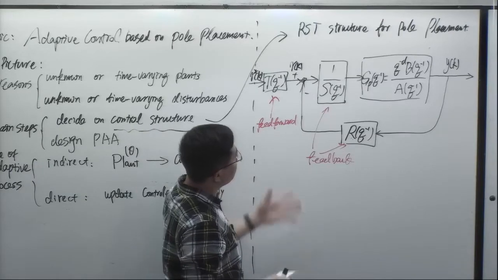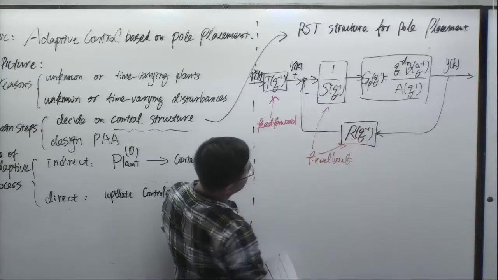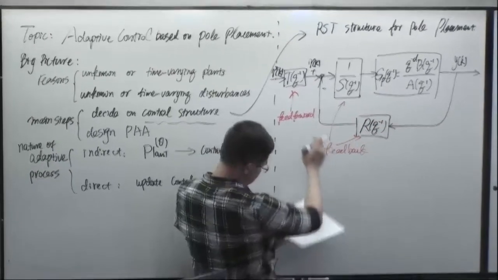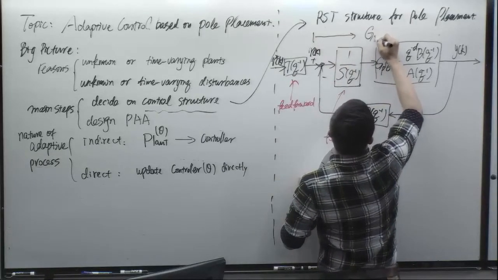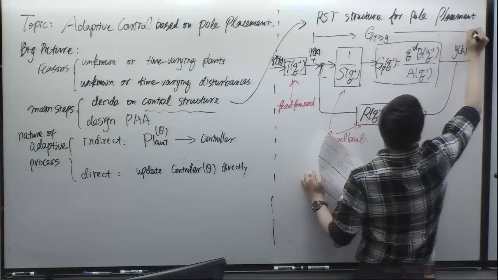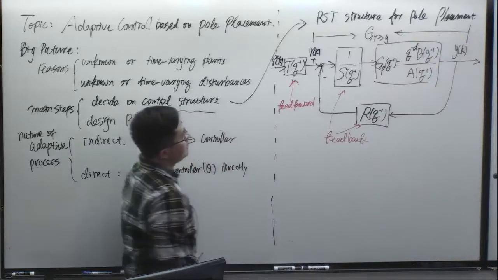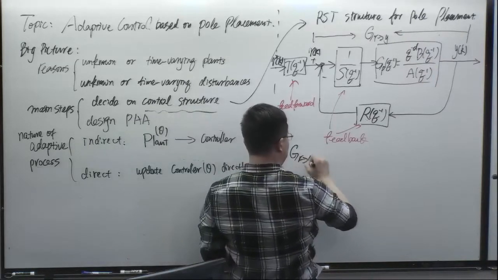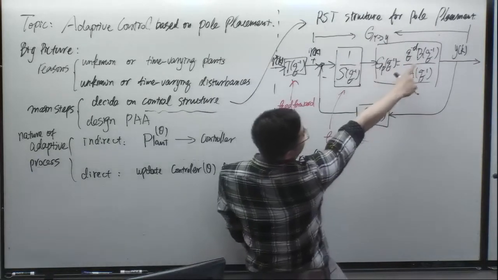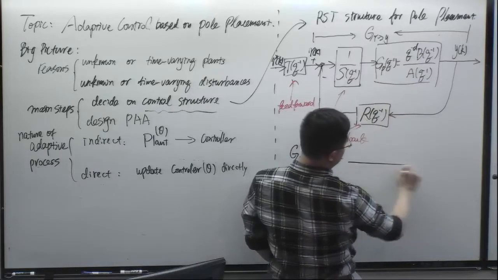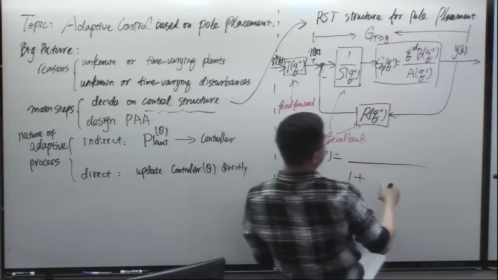So that's the structure. We can analyze a few things. First of all, let's talk about the closed loop transfer function from here to here. This is not difficult. It's going to be the feed-forward path multiplication and then divided by 1 plus the overall loop transfer function.